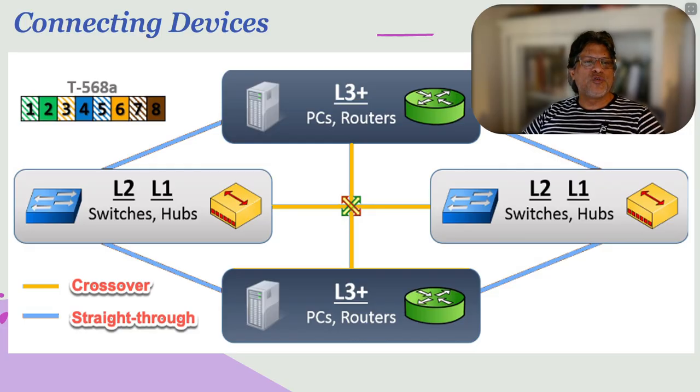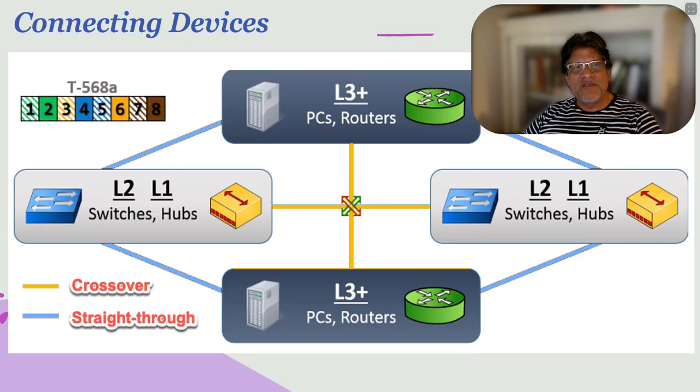However, if you need to connect a switch to another switch or a hub to another hub, you can see there's an orange cable when you have to connect like devices, right? If you need to connect like devices, a switch to a switch, you need to use an orange cable, which is kind of a crossover cable. And many times, whenever you go to a place, most places will have a crossover cable in a different color format.